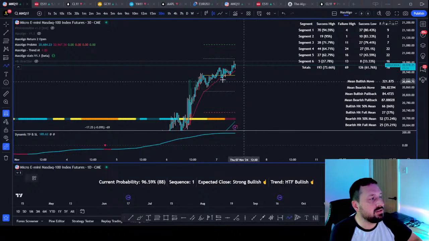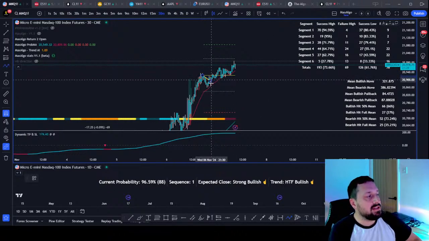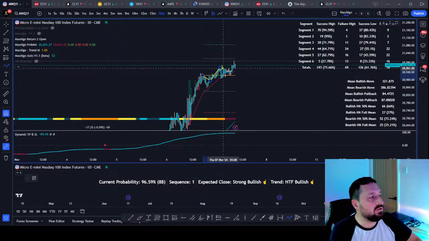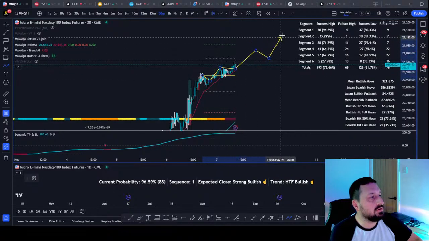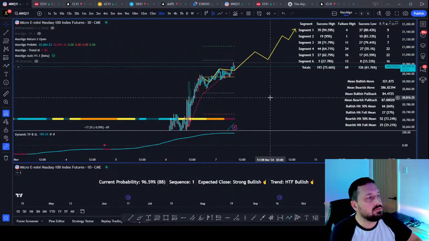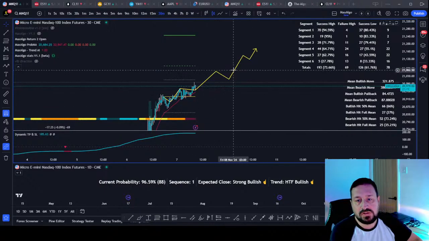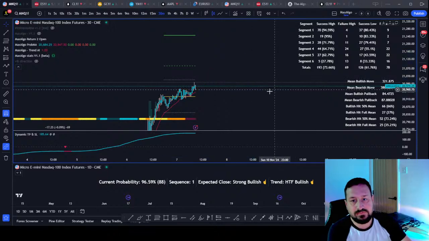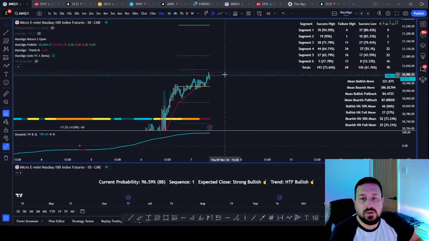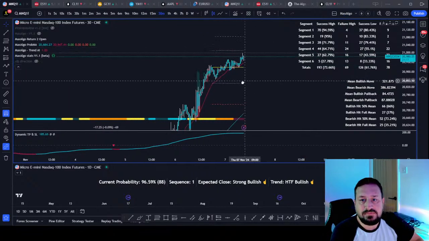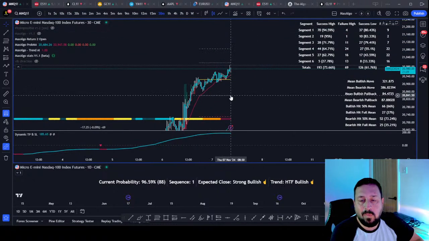But otherwise, you tend to see very strong, a lot of the time your sequence ones matching the higher time frame can be like this, right? So yeah, it'll be interesting to see how.